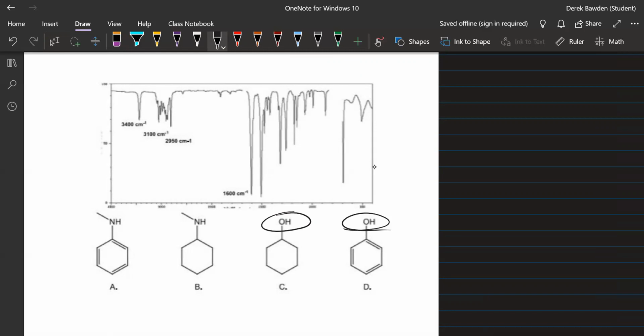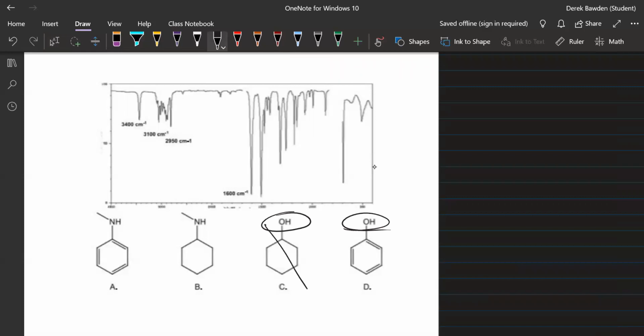What does it show up as in our IR spec? A broad signal, perfect. And it shows up somewhere around here, right? Around 3,300, perfect. Yep, somewhere between 3,000 and 3,300, something like that, but it's a broad peak, okay?